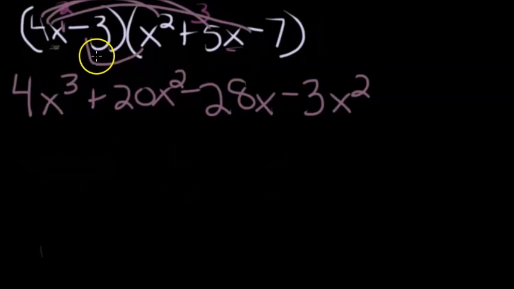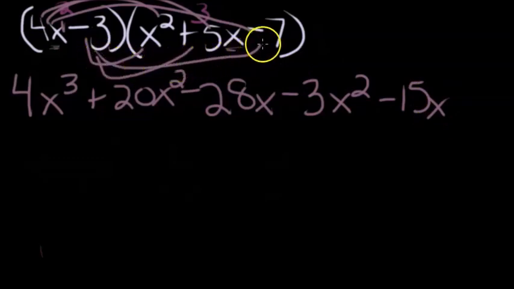Then we do negative 3 times 5x, which gives us negative 15x. And then we have negative 3 times negative 7, which gives us plus 21. Okay, so now let's reorder these terms and combine like terms. We'll order them from the biggest exponent to the lowest exponent.